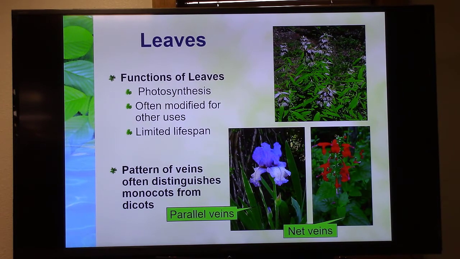Is there anything in between? Biennials. A biennial, the seed sprouts one year, some vegetative growth, overwinters, and then blooms and dies the following year.